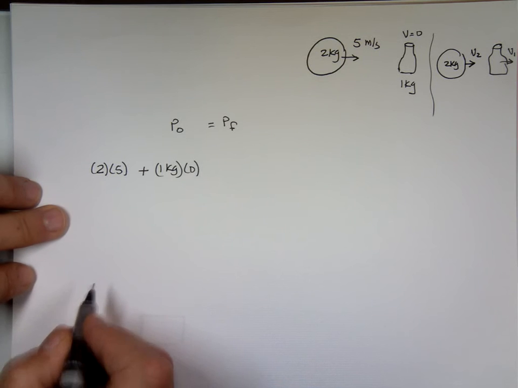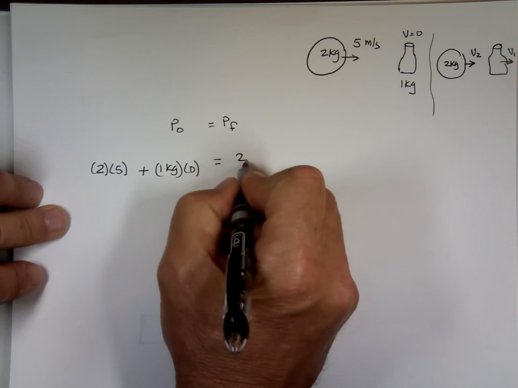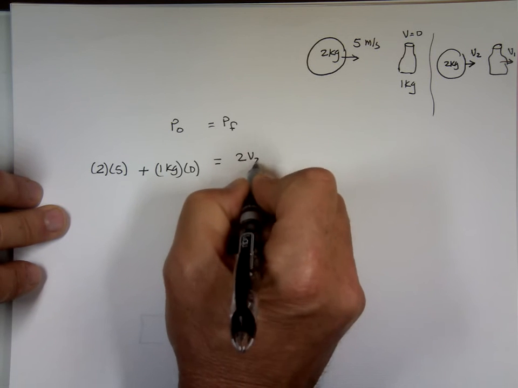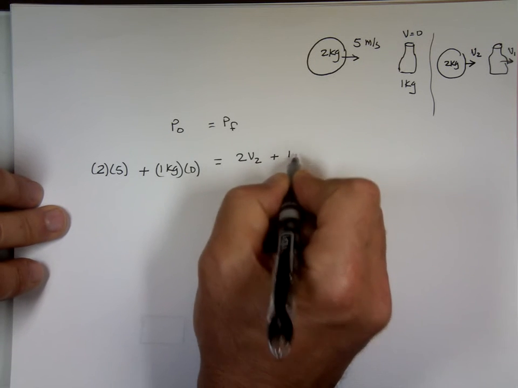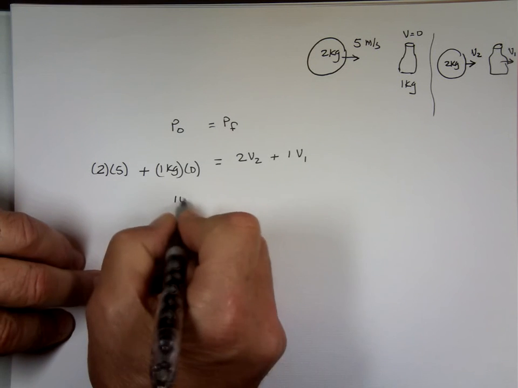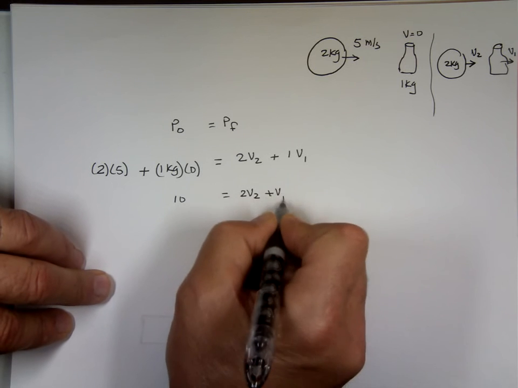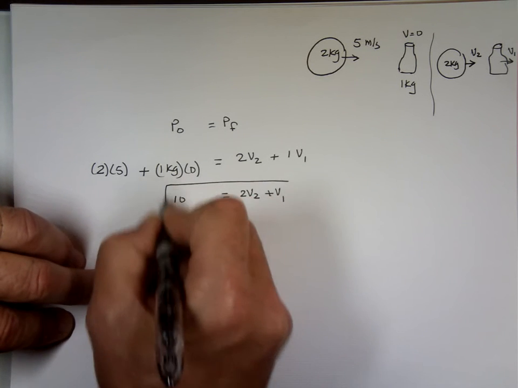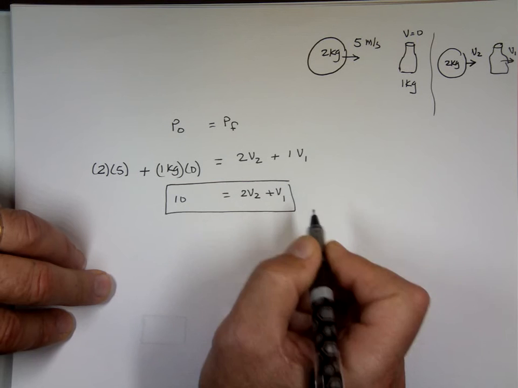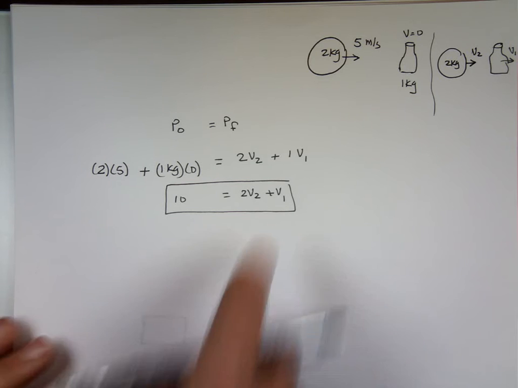The after is the 2 kilogram times the velocity, which is V2, plus the 1 kilogram times the velocity, which is V1. And that's my first equation. I can solve for V1 and use substitution again. Notice V1 will be 10 minus 2V2. It won't be bad here.